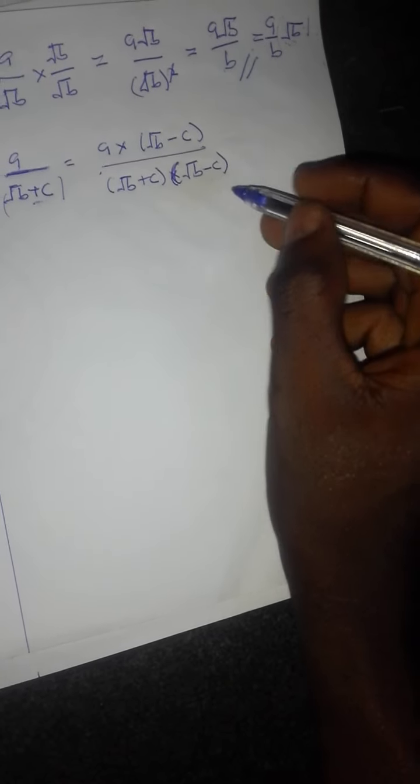Now we all know about difference of two squares, and the rules of difference of two squares hold for surds. When it happens this way, in difference of two squares, you square both terms there.